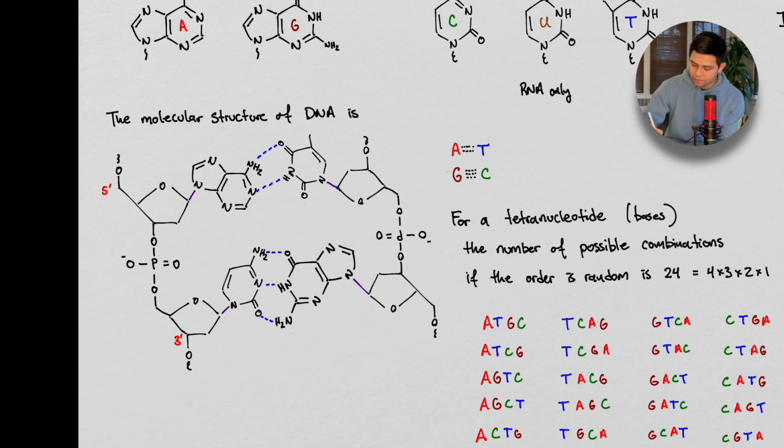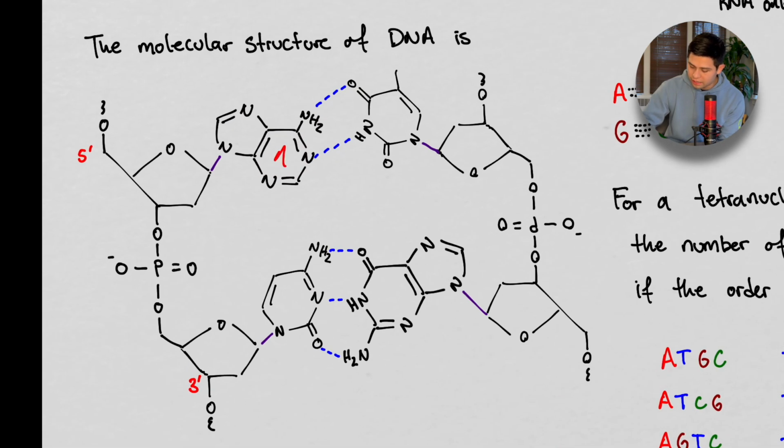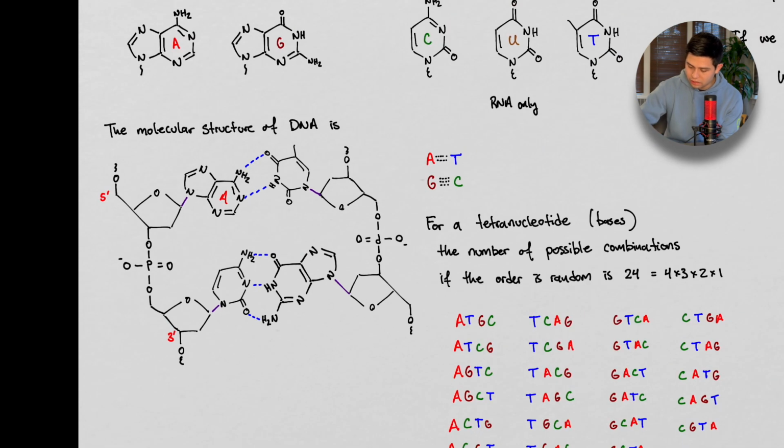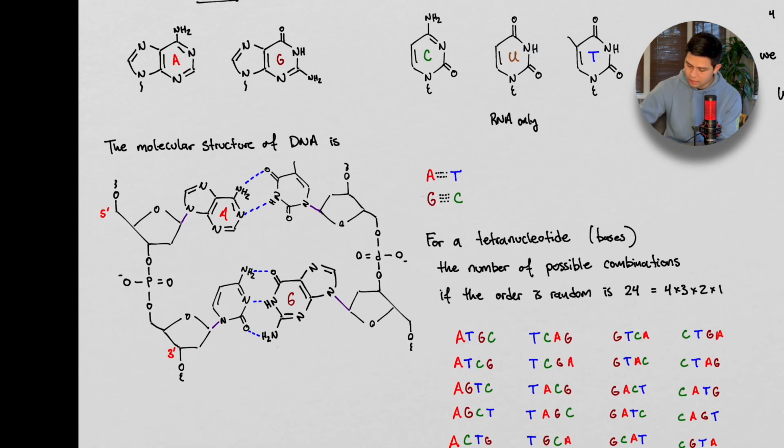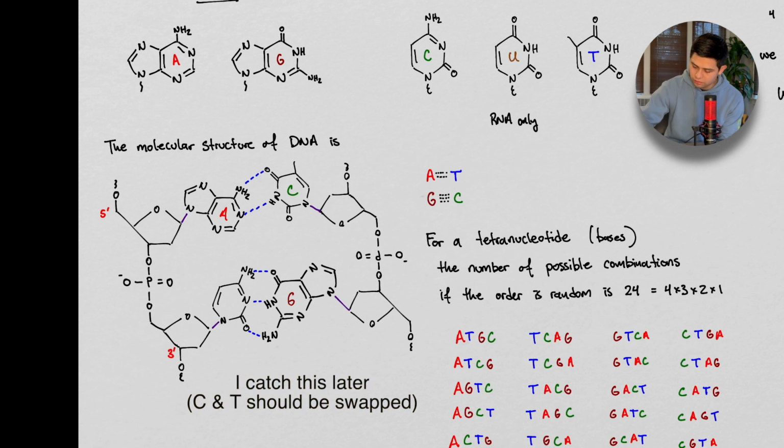So here I'll write A, and then my G is in, looks like that's a magenta color. This is G. And then here is our C, and here is our T, which I have in blue.